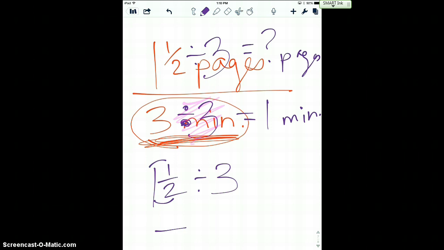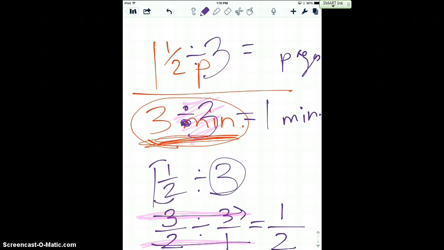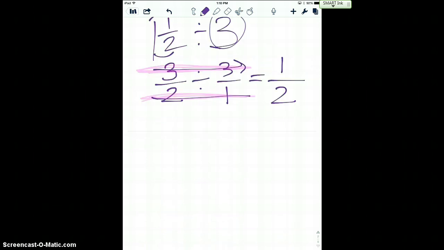Boom, boom. 2 times 1 plus 1 is 3 over my denominator of 2. I'm dividing by 3. 3 is a fraction, is 3 over 1. Now I'm dividing with fractions. So I could keep, change, flip, or on this one, I could actually divide straight across and get whole numbers. So I don't even need to do keep, change, flip. 3 divided by 3 is 1, and 2 divided by 1 is 2. So I end up with half of a page per minute.